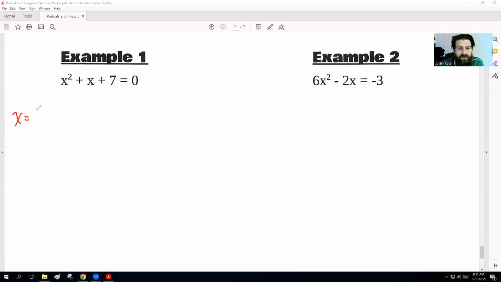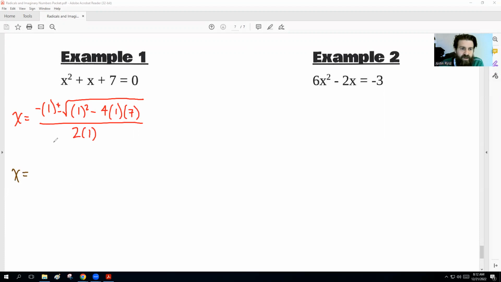All right, so this example here, we got x equals negative, our b is 1, plus or minus the square root of b squared, which is 1 squared in this example, minus 4 times a is 1, c is 7, all over 2 times a is 1. All right, using our a, b, and c.